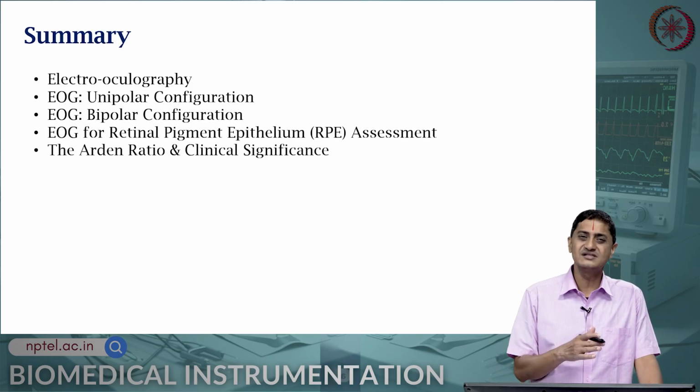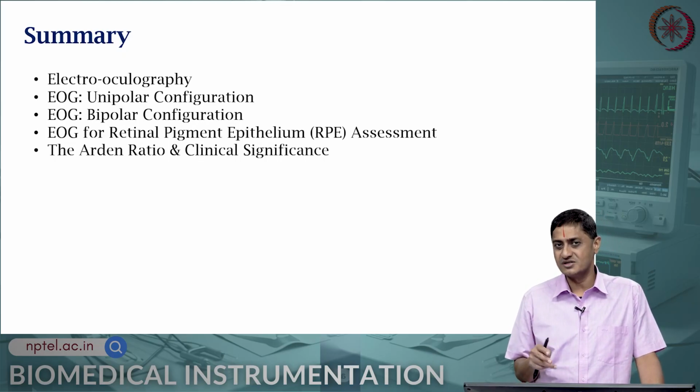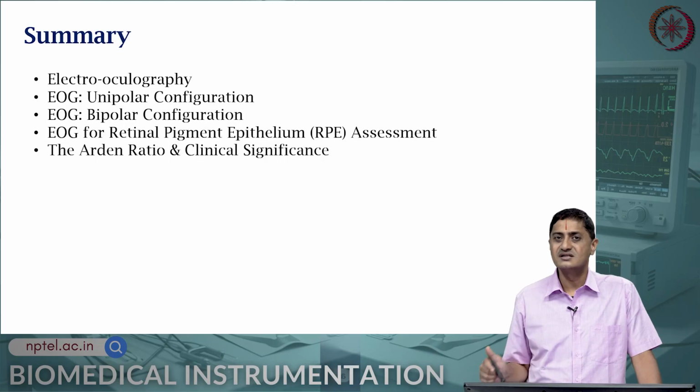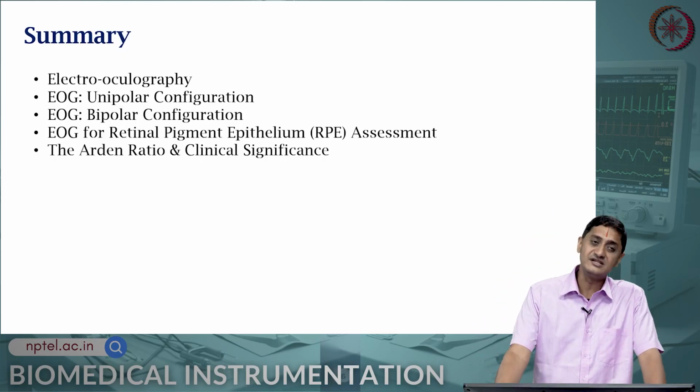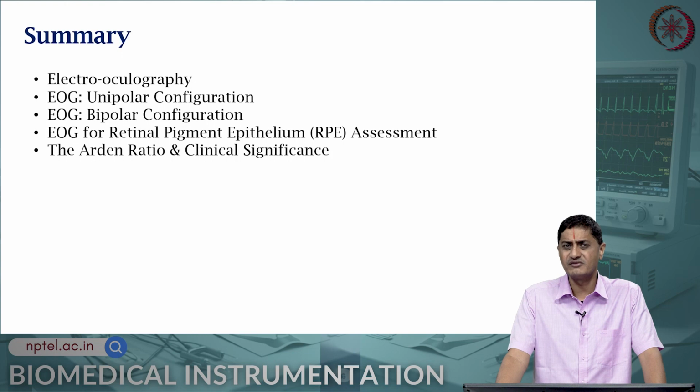So, that is where EEG is the primary investigation, and EOG is used to identify eye movements so that you can adjust the signal processing algorithm for processing of EEG. The bipolar configuration is the standard technique for measurement of the movements itself, and Arden ratio values below 1.8, for example, are considered pathological.